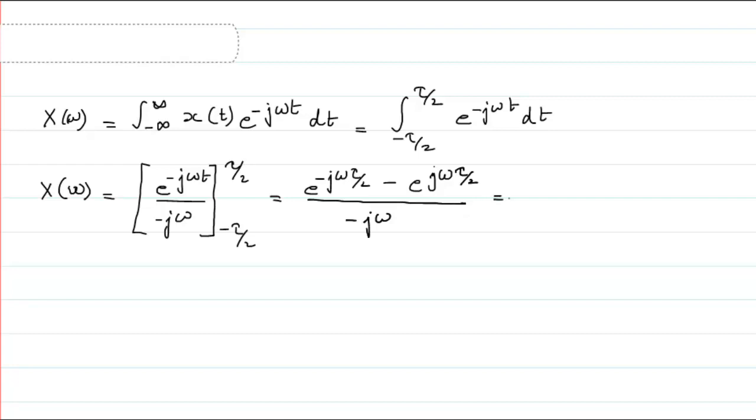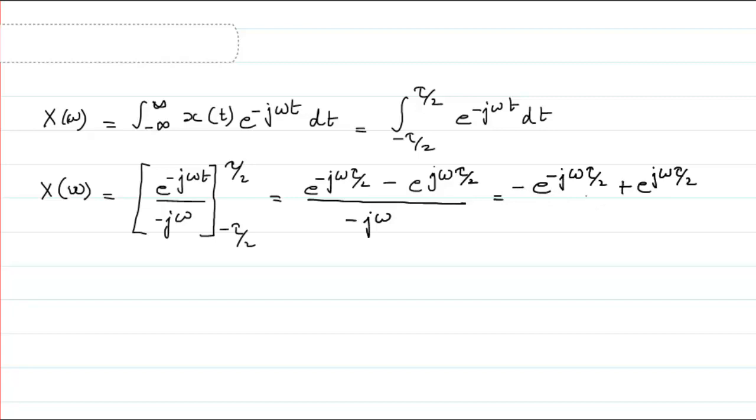We know the Euler's function. It basically is e raised to power minus j theta, which I can write as e raised to power omega tau by 2 minus e raised to power j omega tau by 2, divided by j omega. If I take the minus on top, then this will become minus and this will become plus.